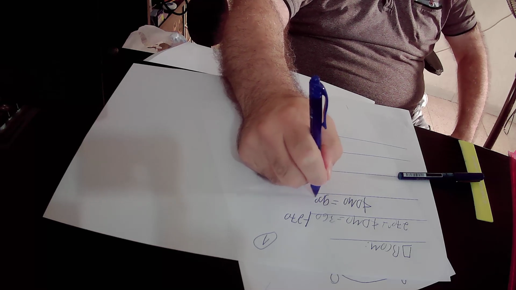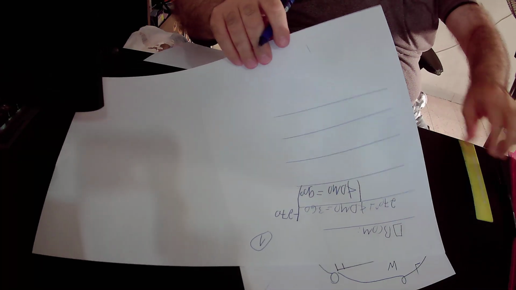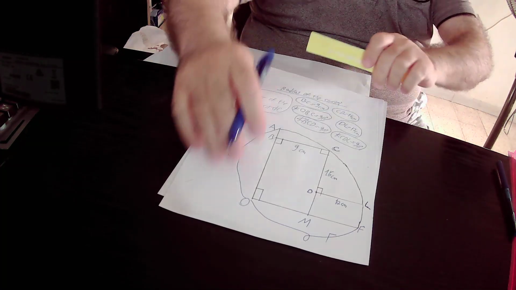So the missing angle is a right angle. So this angle equals 90 degrees, is a right angle.